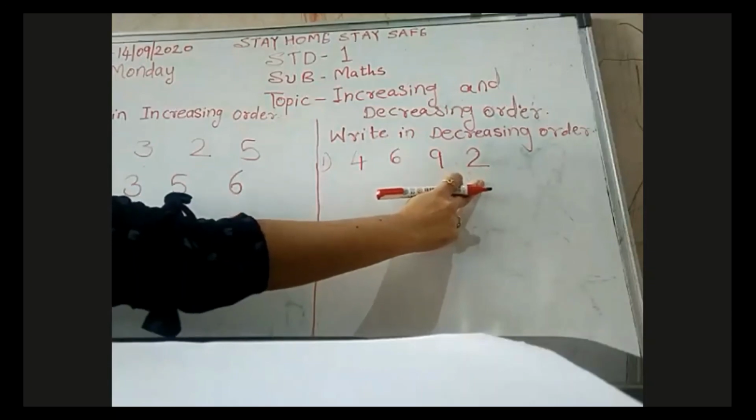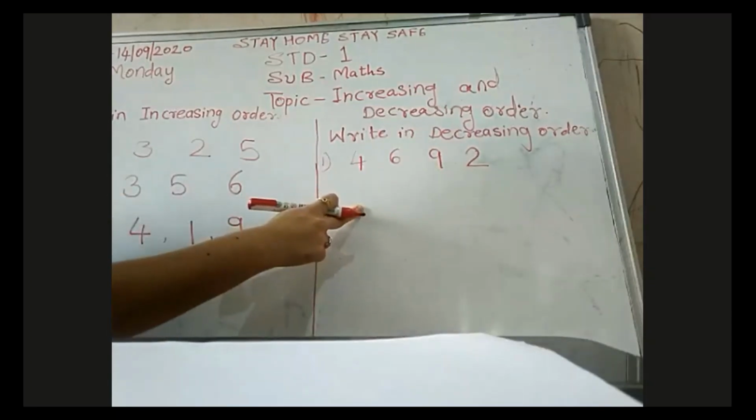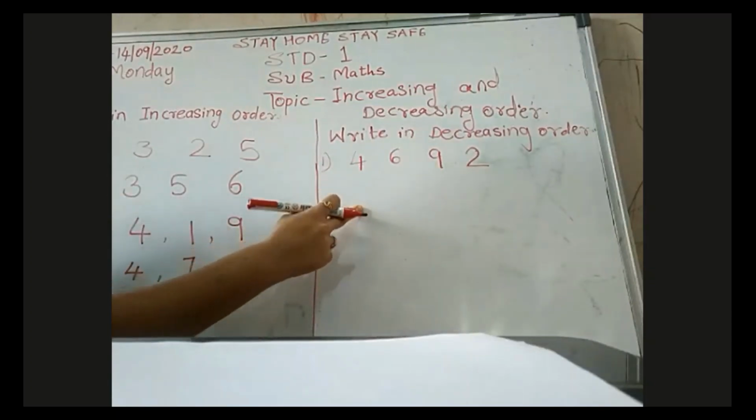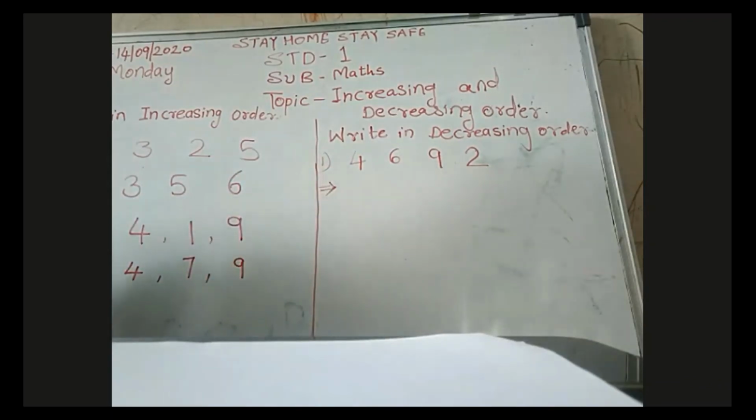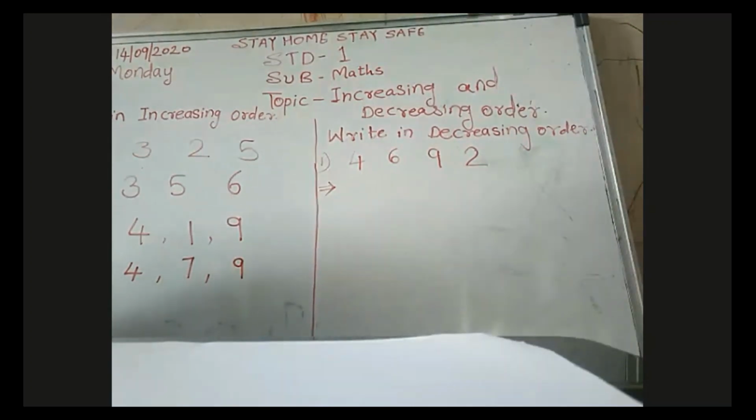Now what do you have to do? You have to arrange these numbers in decreasing order. Wait, students. Listen first. In decreasing order, we start from the bigger number to the smaller number. So, which is the bigger number here?